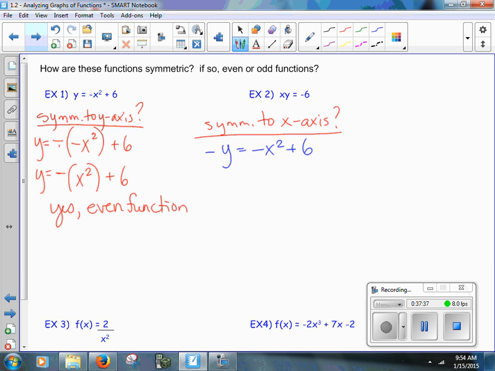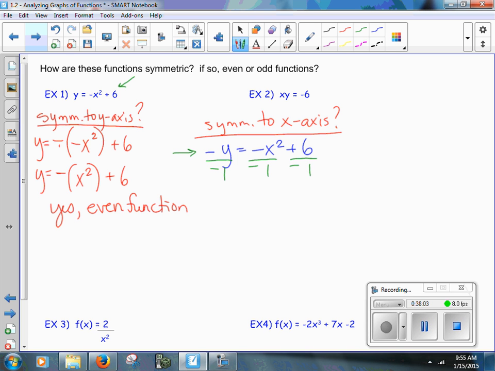I got to try to make it like the original. So I'm going to divide by what number? Negative 1. And what we do to one thing, we have to do to everything. Okay? I'm trying to make this equation look like my original. And the only way I can do that is by dividing by negative 1. Are you with me, yes or no?